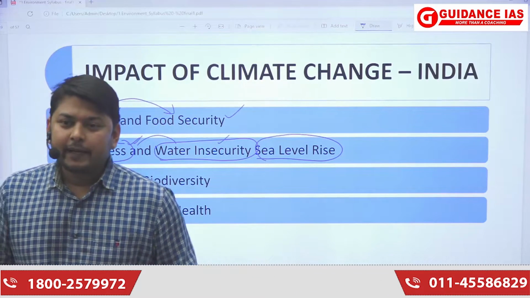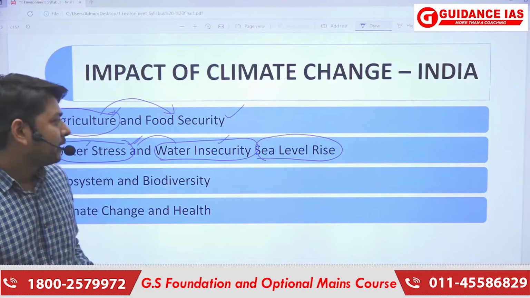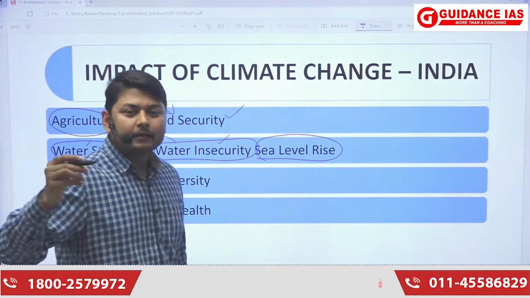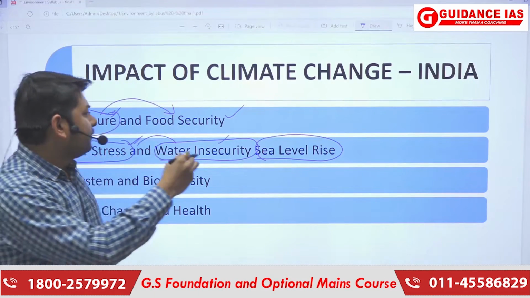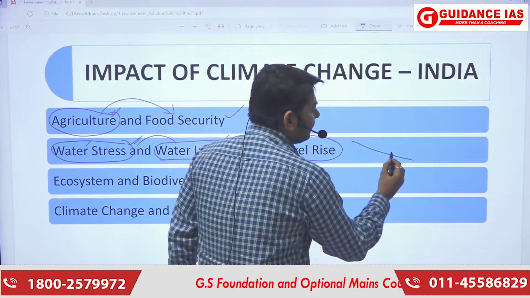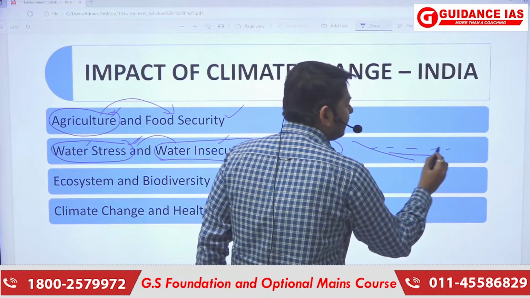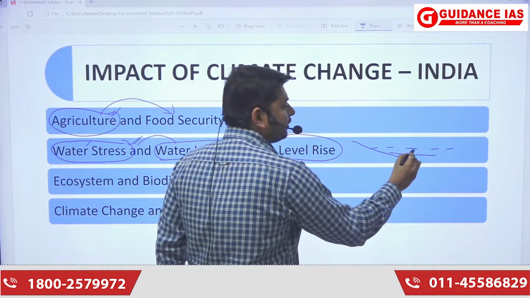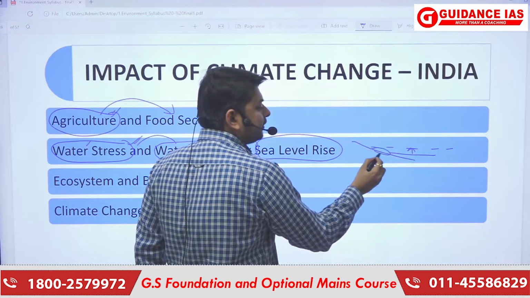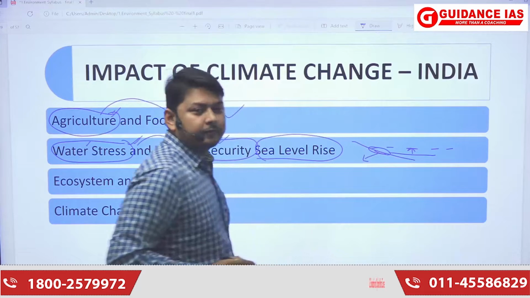For example, as the sea level increases, the land area connected to it starts decreasing. See, this land has gone below the water.